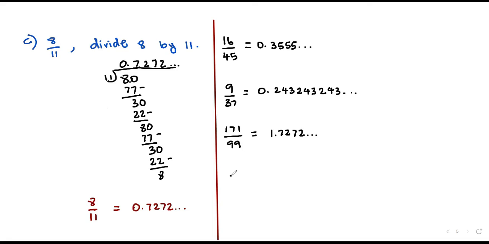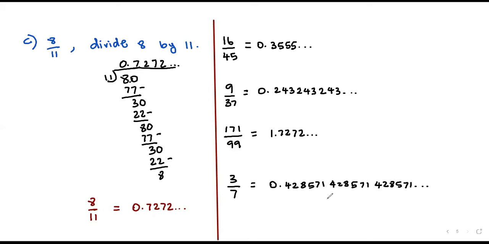And for a fraction like 3 out of 7, this will give us 0.428571, and again 428571, and again 428571. It will continue repeating like that.